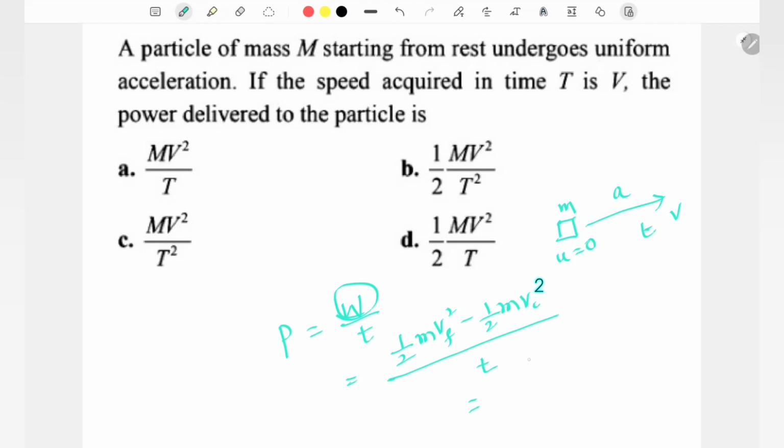So we get half m v square minus 0, because the initial velocity is 0, so the initial kinetic energy is also 0, divided by time t, so we get half m v square by t. Option D is the correct one.